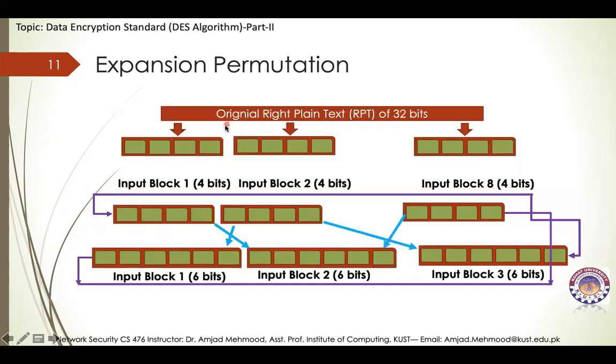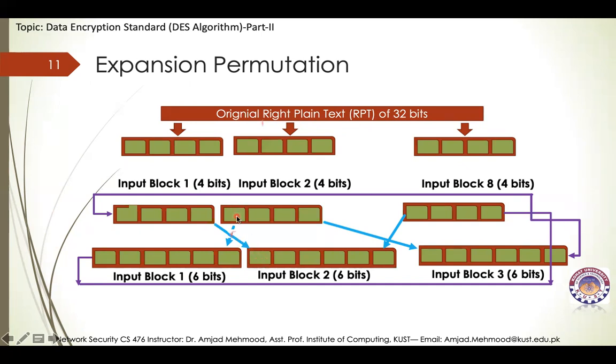You can see the original 32-bit plain text, each block of 4-bit size. Now this size of 4 is increased to 6-bit. Now you can see this is the fourth, the repeating bit for the first one.